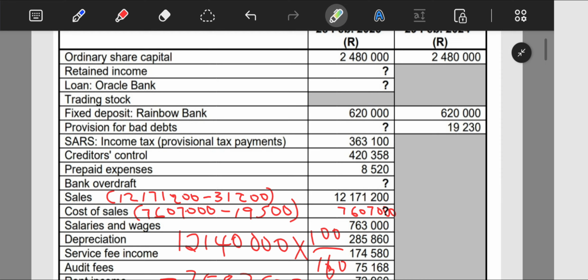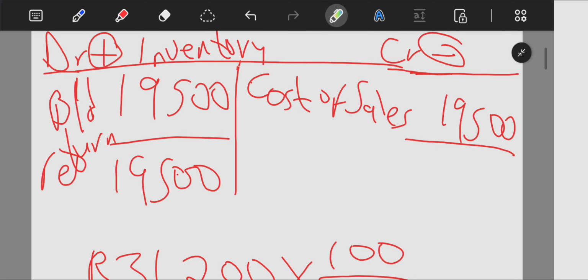Remember, here it is. We had zero. We didn't have anything. And this is the zero I'm talking about that happened when we initially sold. But now the customer has returned merchandise. Now we have 19,500. So how does this affect our trading stock deficit?